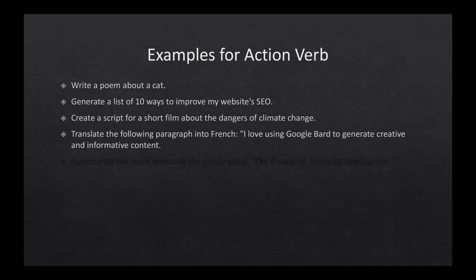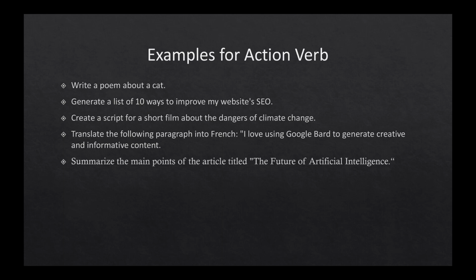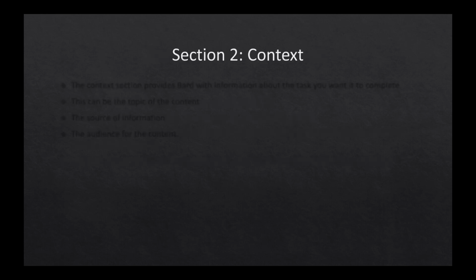In the fourth example, we are asking Google Bard to translate the following paragraph into French. In the fifth example, we are asking Google Bard to summarize the main points of the article titled "The Future of Artificial Intelligence."